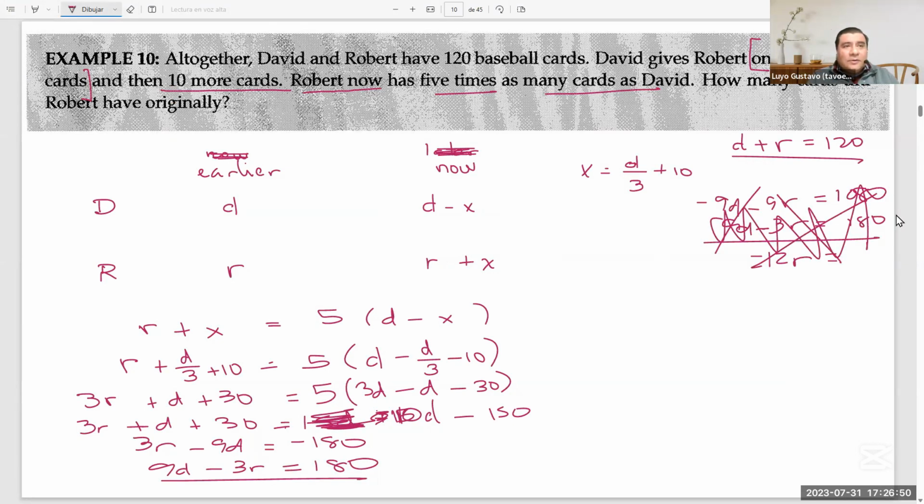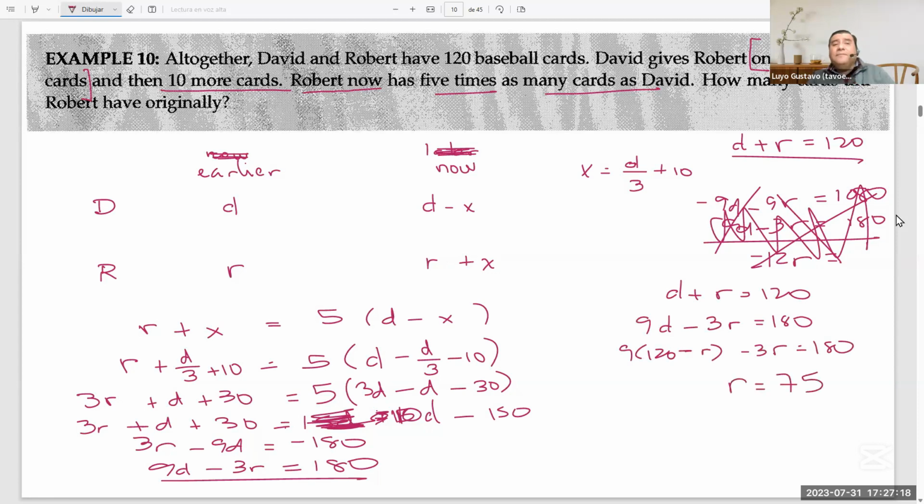Much better is to formulate this simply as substitution. You have 90 minus 3R. So rather say that D is 120 minus R. And so you can solve here for R and you will have 75, if you simplify.